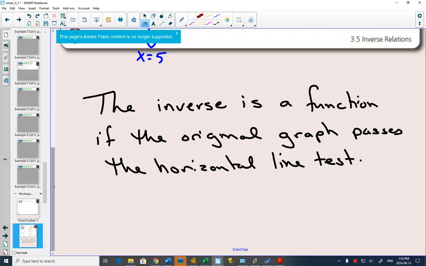So the inverse will be a function only if the original function passes the horizontal line test.